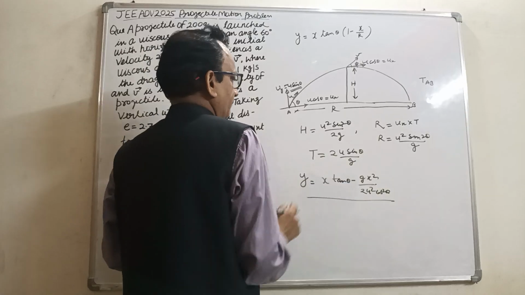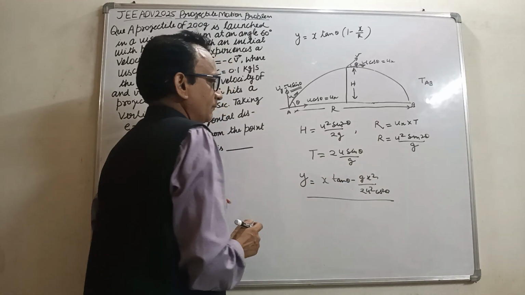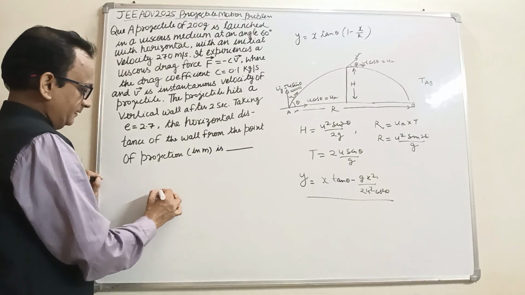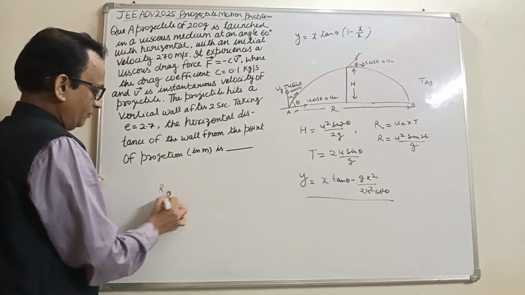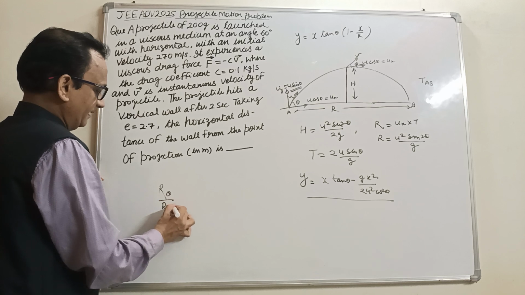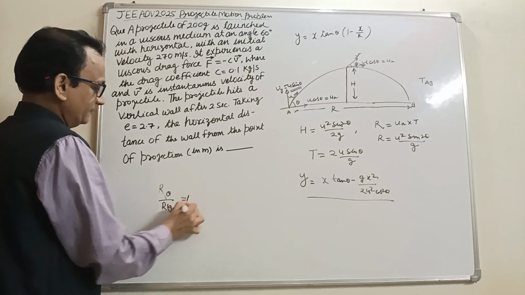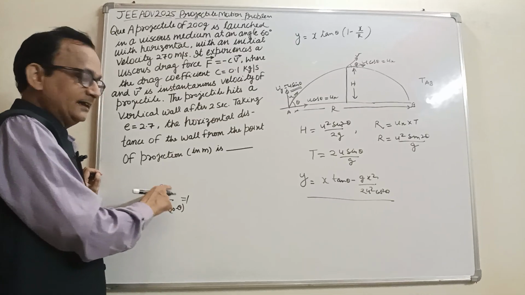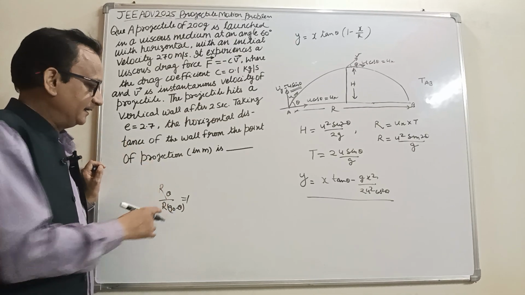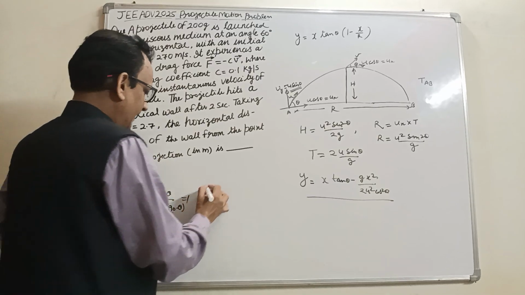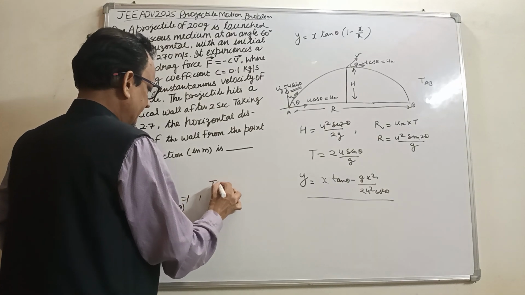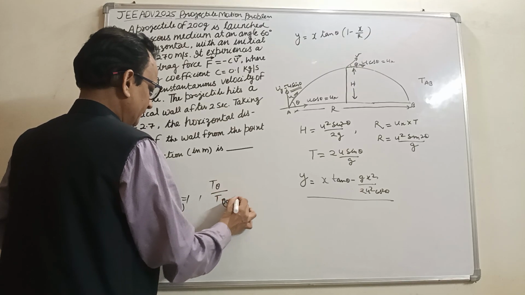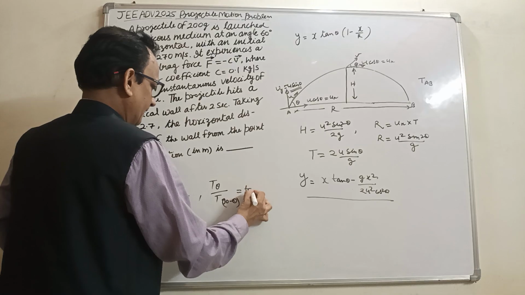We also write R theta upon R 90 minus theta would be 1. This means if we project an object at either angle theta or 90 minus theta, the range would be the same. And we write t theta times t 90 minus theta would be tan theta.